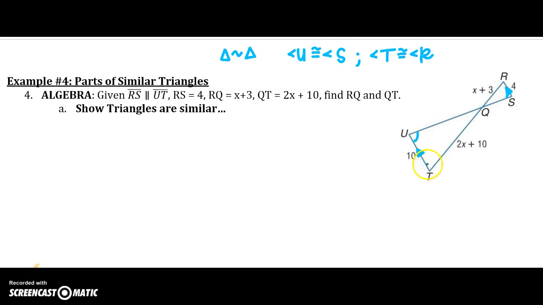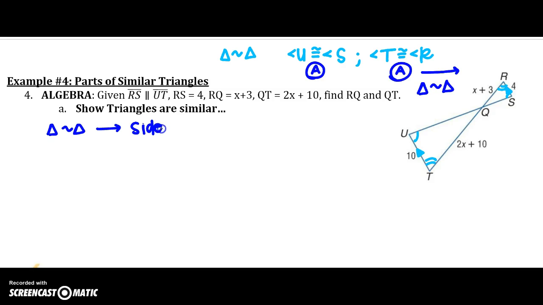And we learned in the first video that if I have two angles that are congruent, I then know that my triangles are similar. With my triangles similar, I then know that my sides are proportional. So this is why I can now set up a proportion to start solving for x and then plugging it back in.